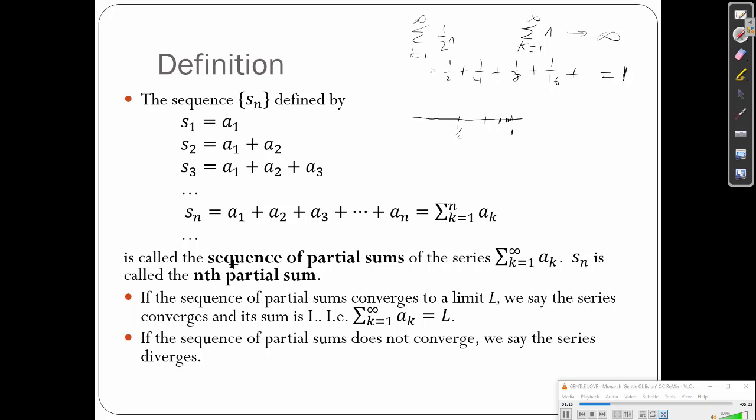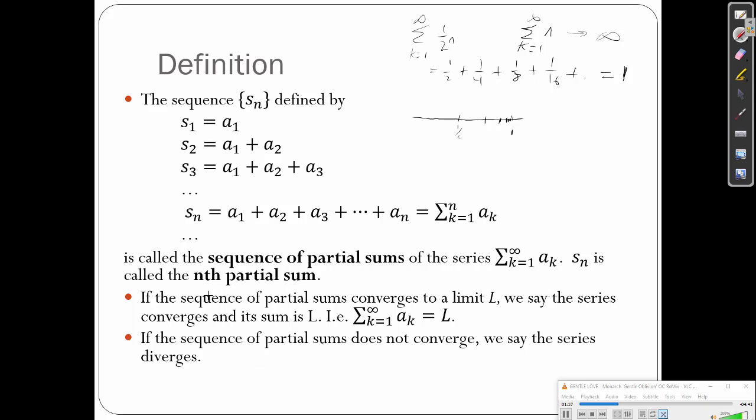So if the sequence of partial sums, since that is a sequence, converges to a limit, we say the series converges, and the sum of the series is L, that limit. If the sequence of partial sums doesn't converge, we say the series diverges.